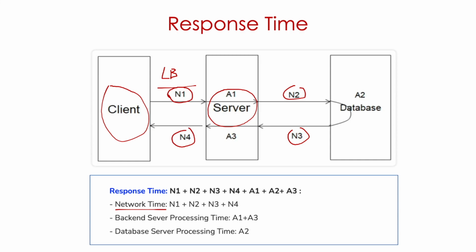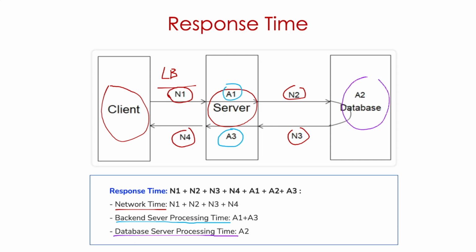And for the backend server processing time, we have A1 and A3. So that's the time consuming from the backend server side. And then we have a database server processing time.